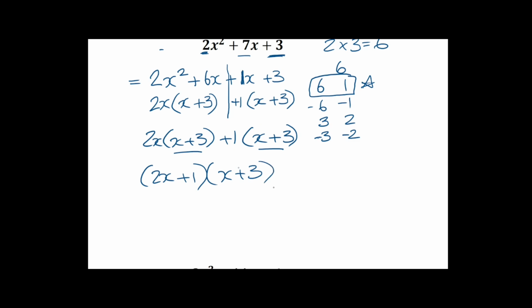It looks like magic, and until you get used to it, it is kind of magic. But if we expand it out, 2x times x is 2x squared. 1 times x is x. 2x times 3 is 6x. 1 times 3 is 3.